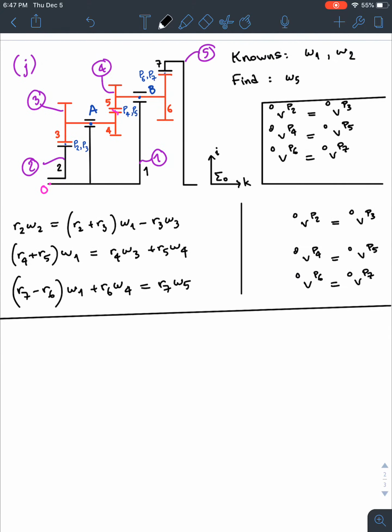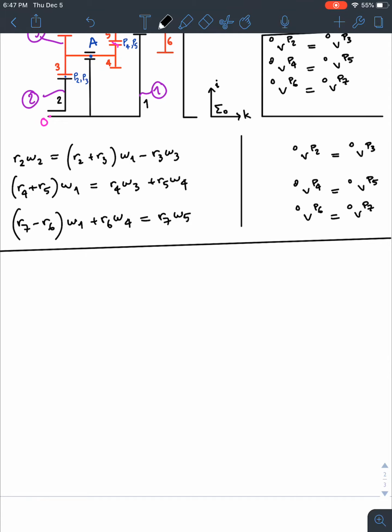Again, the aim was to find omega 5 given omega 1 and omega 2. So this time I guess I'm going to do the elimination just for giggles and kicks. So let me take this equation and solve for R4 times omega 3, okay? So what do I have? Let me label them so I can refer back to them.